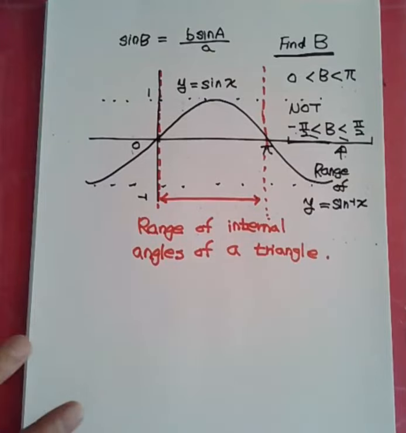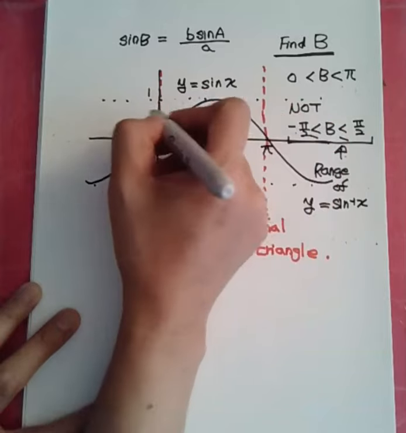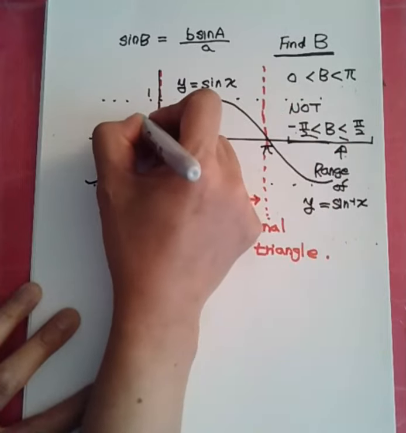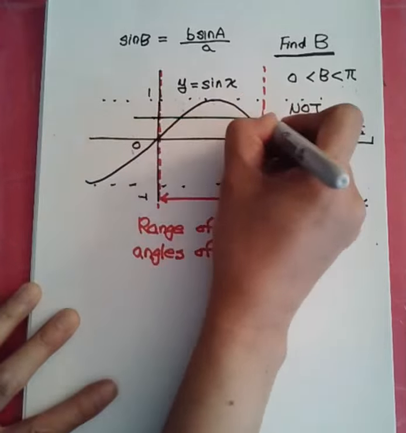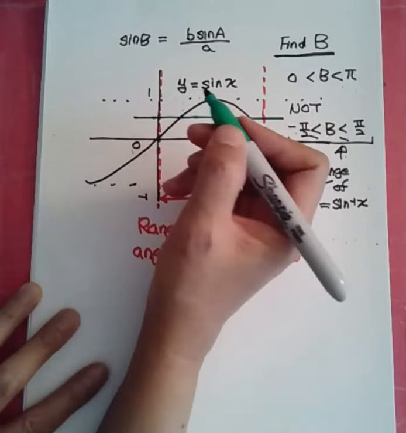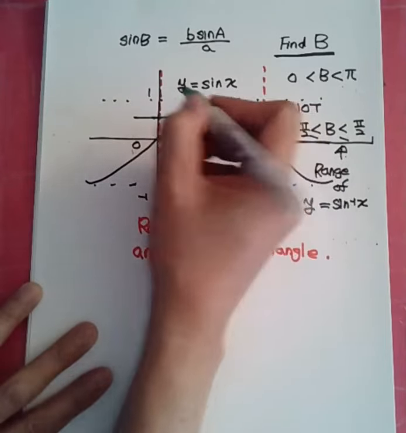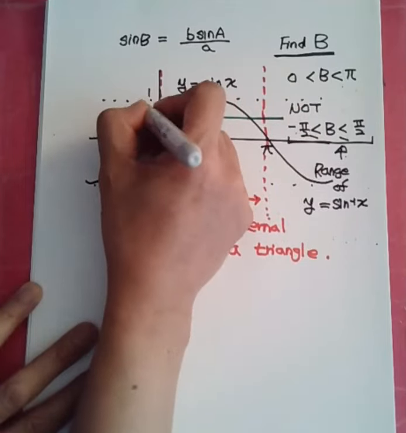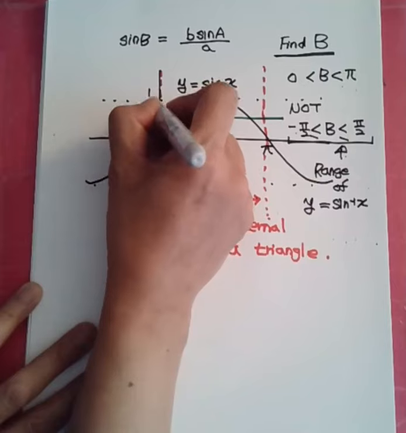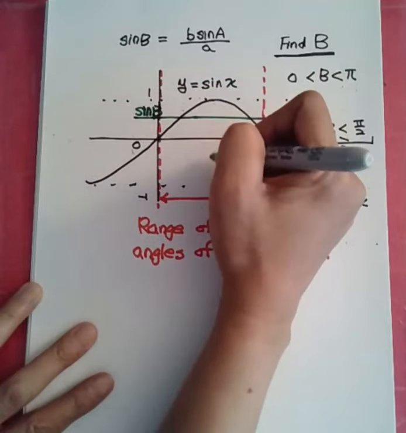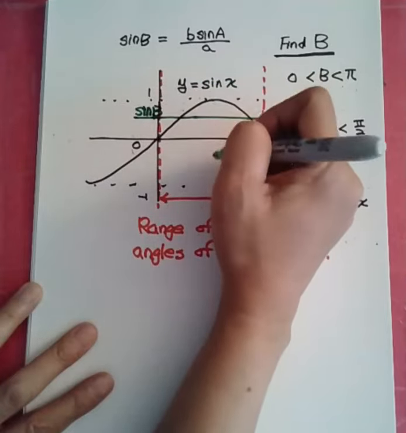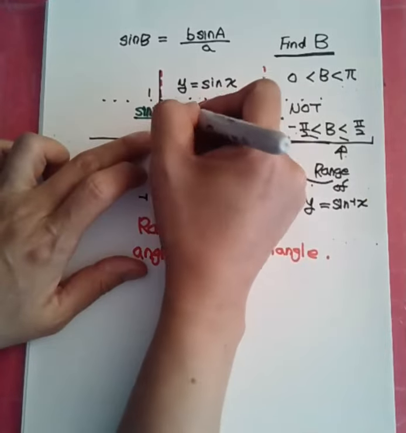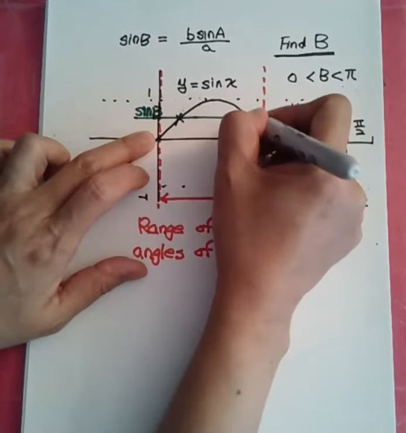What we are looking for when we apply the law of sines is the angle whose sine value is the same as sine of B. Let's say this is sine of B. Then that is symmetric with respect to pi over 2. So we always have two cases.